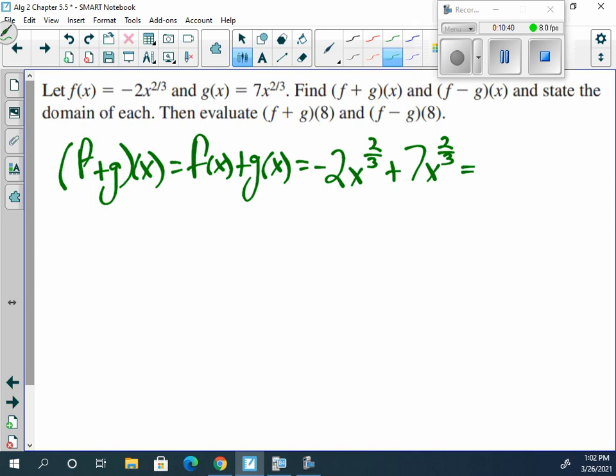So negative 2 times x to the 2/3 plus 7 times x to the 2/3 would be what? 5 times x to the 2/3. Because the variables are the same, we can add the coefficients, the numbers in front of them. So there's part of the answer. Now the domain would be?